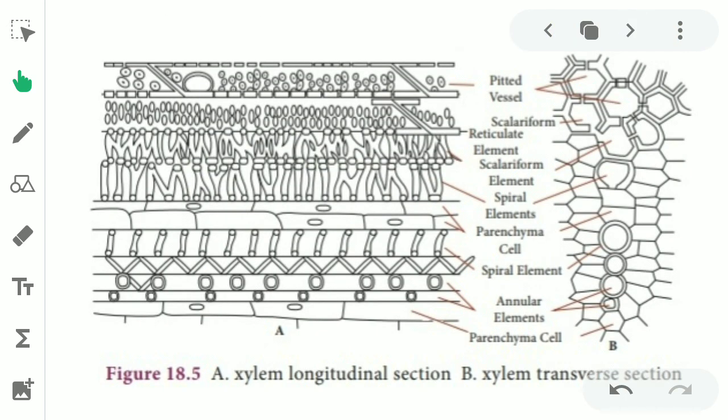Okay. Next, this is a xylem longitudinal section. Longitudinal means vertical; horizontal means like this. Longitudinal means the xylem vessel is cut in the upward direction.